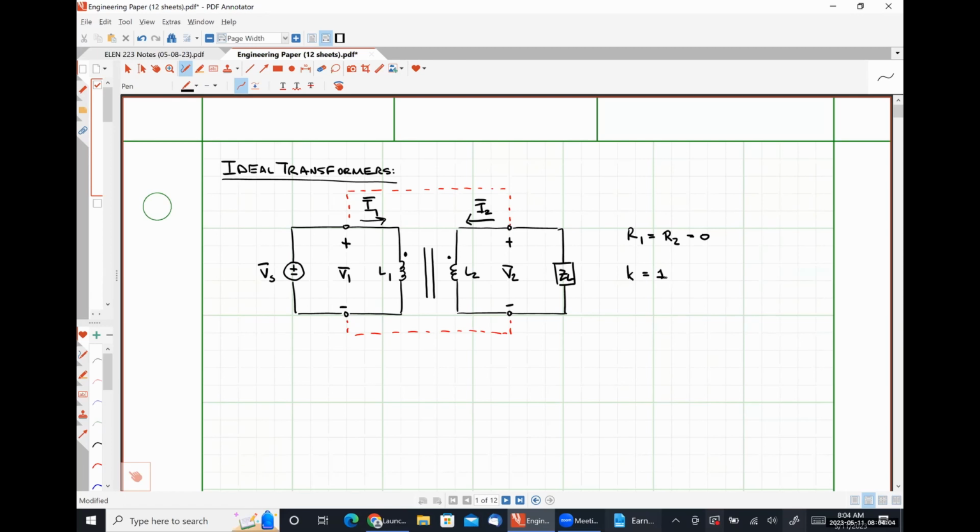Hopefully we remember from our last class meeting that K was defined as M over the square root of L1 times L2. So in an ideal transformer, M must simply be the square root of L1 times L2, doing a trivial amount of algebra there.